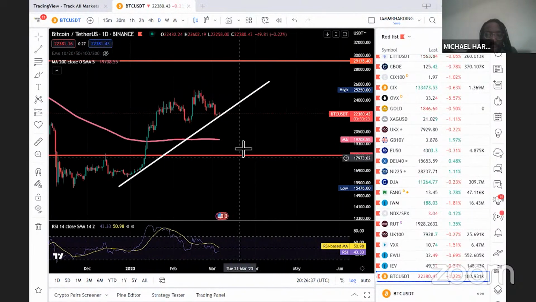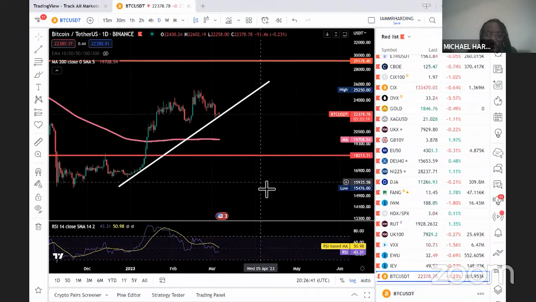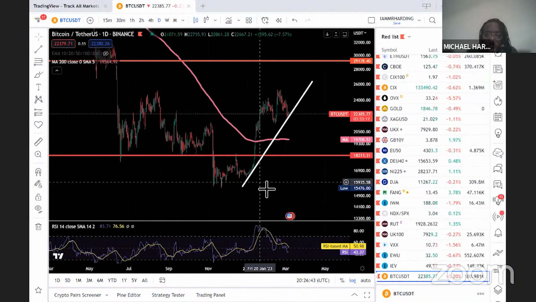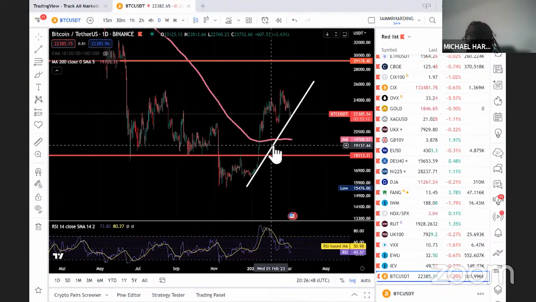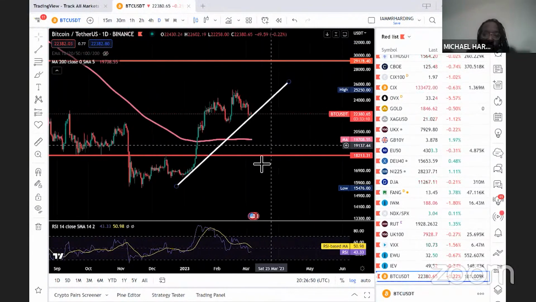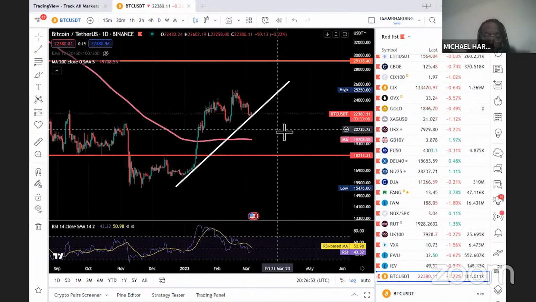So that'd be 18,000. This level and this level are the next stops. Hopefully that makes sense to everybody. So we've got support at 21K and support at 25K from what I found. So we've got this one here as well, 21.